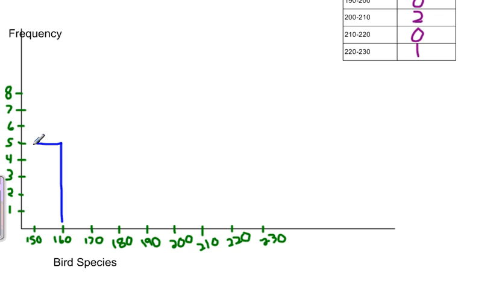Then from 160 to 170, we had 7 values, so I go up to 7. From 170 to 180, we had 3 data values. From 180 to 190, we also had 3 data values.